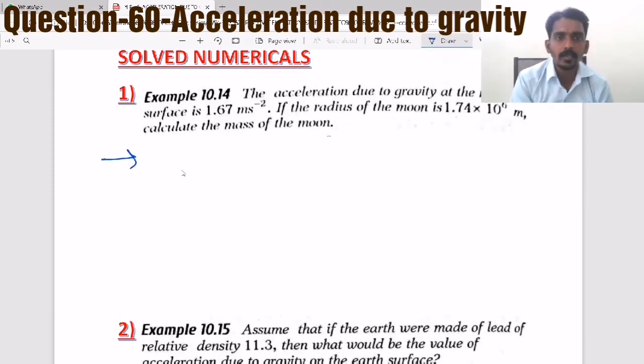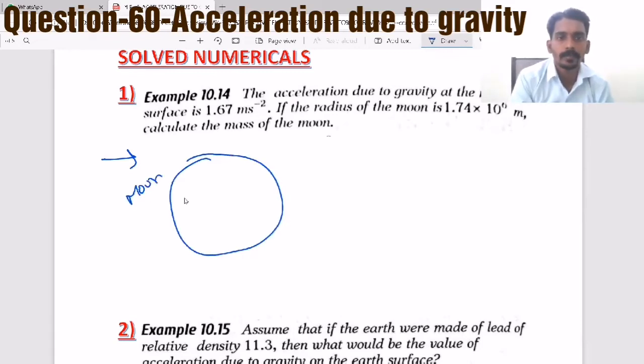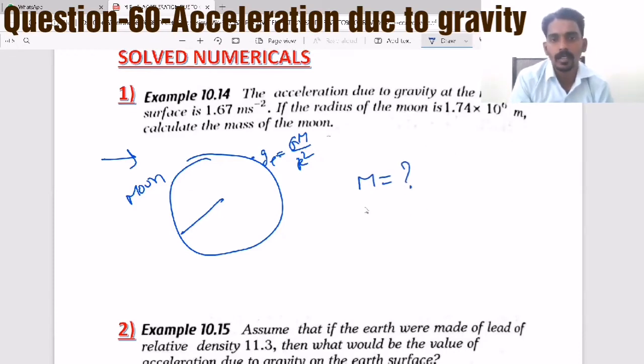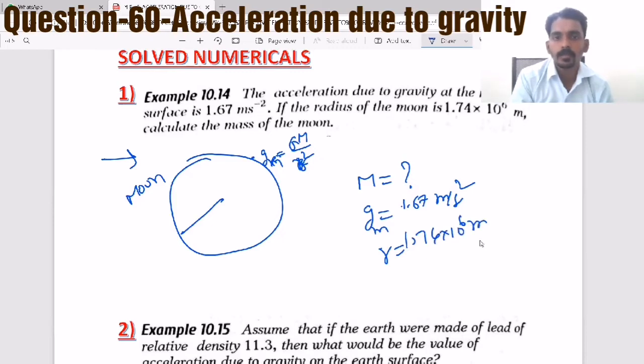Now the very first question is: the acceleration due to gravity at the moon's surface is. So now you consider the moon. On the surface of the moon, g equals G into mass of moon by square of the radius of moon. Now they have given the acceleration due to gravity on the moon, 1.67 meter per second square, and the radius is 1.74 into 10 power 6 meter.